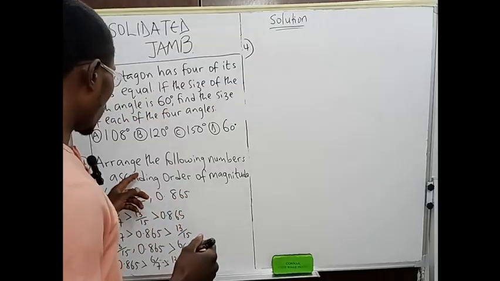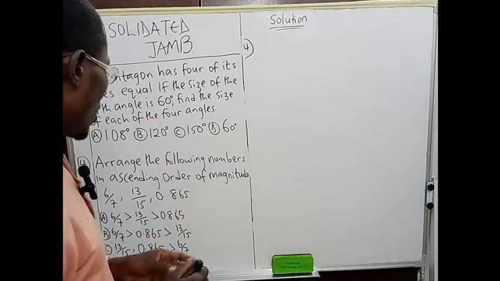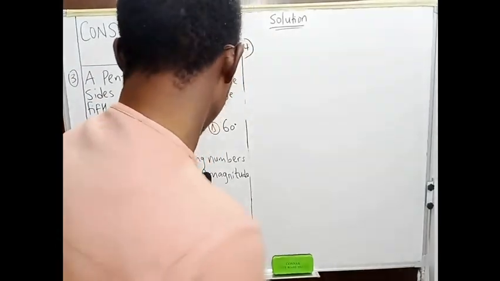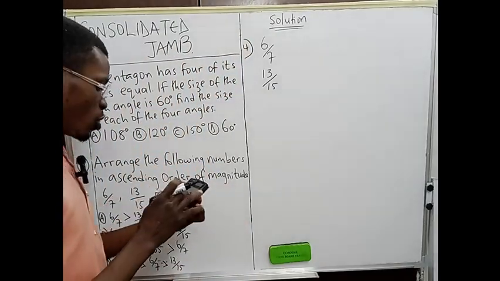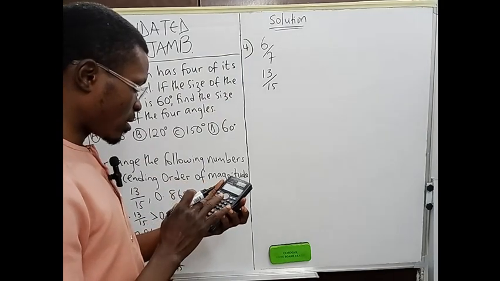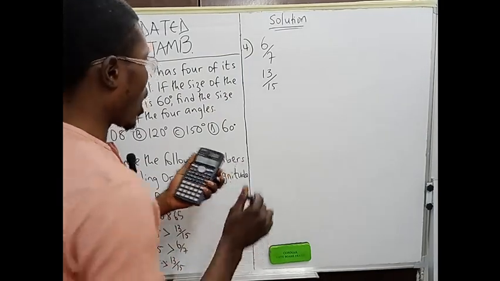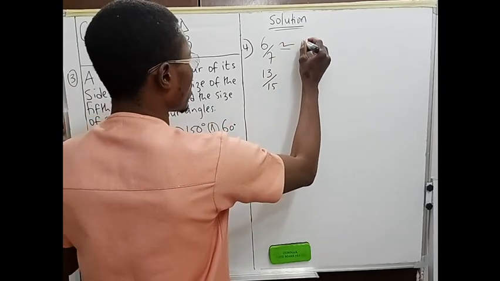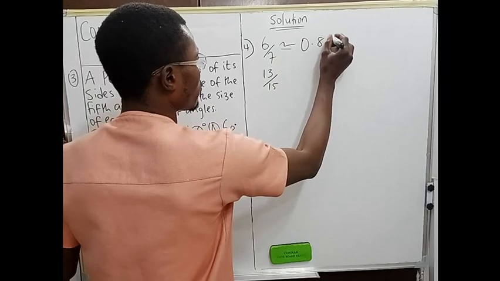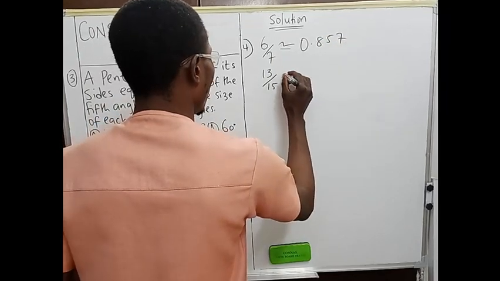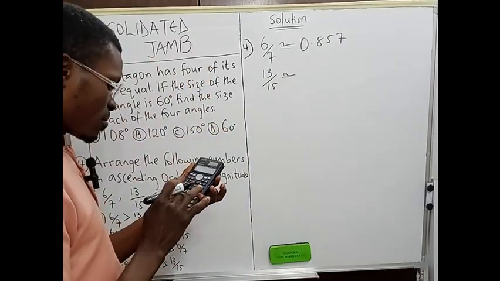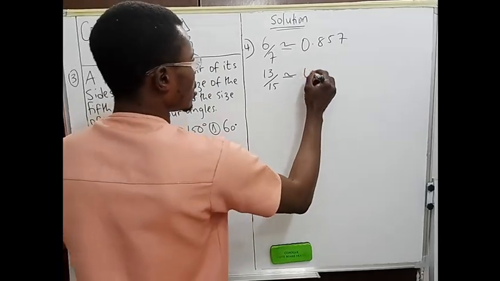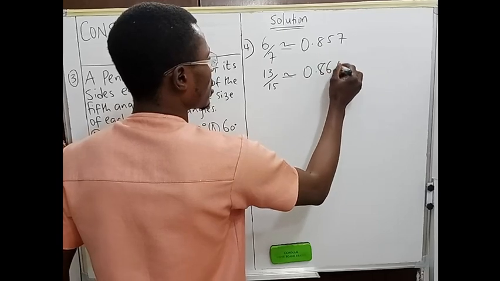B. For number 4, we have to arrange the following numbers in ascending order, right? Let's convert these to decimals. We're going to be using a calculator. Okay, for the first fraction, when you change to decimal, 6 divided by 7 is going to give approximately 0.857. 13 over 15, sorry, 0.866.